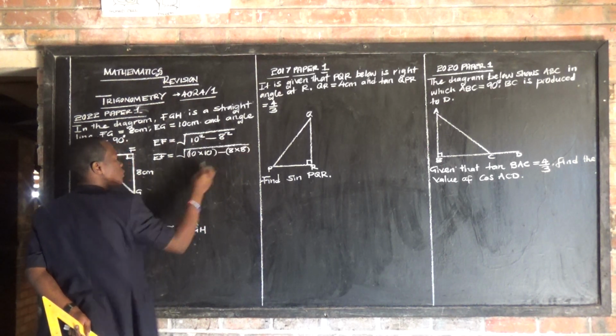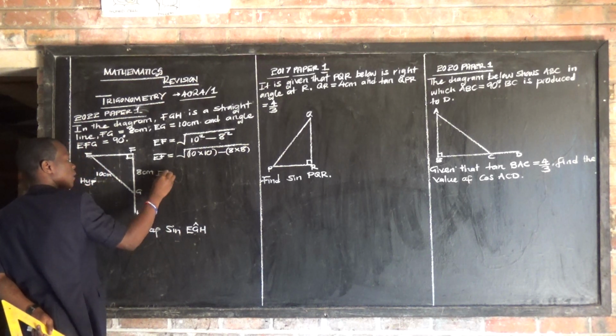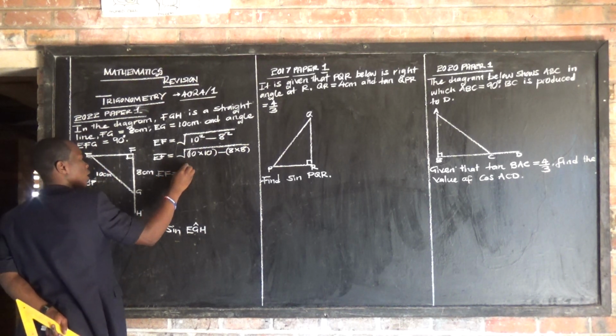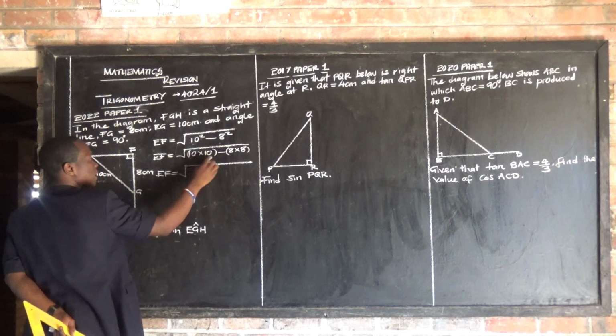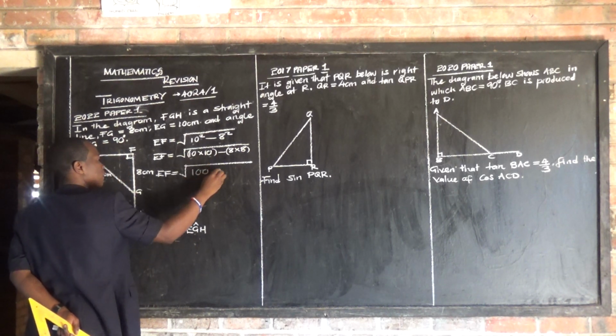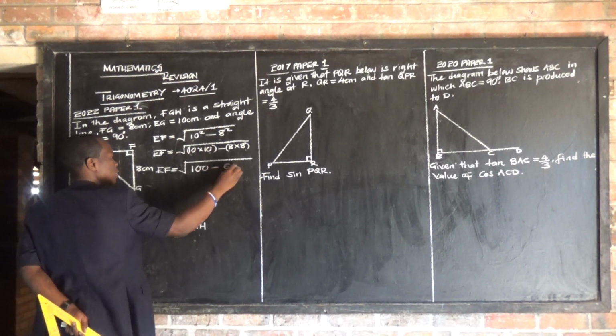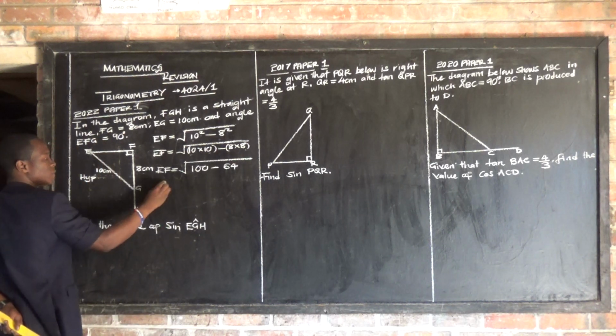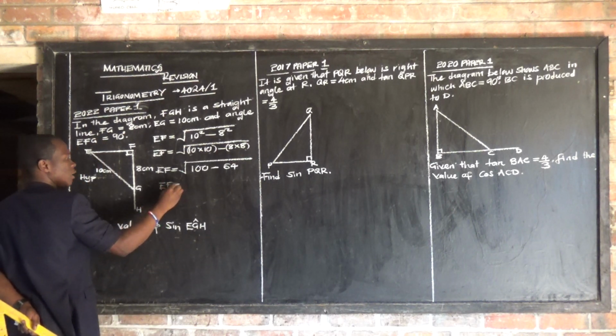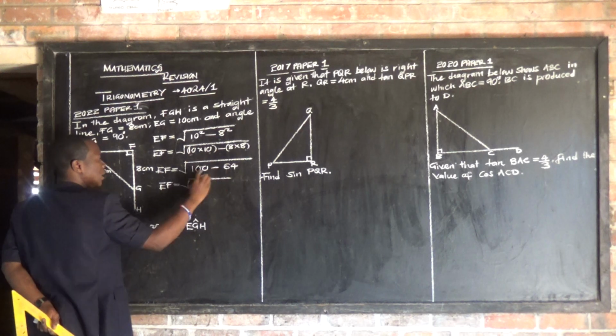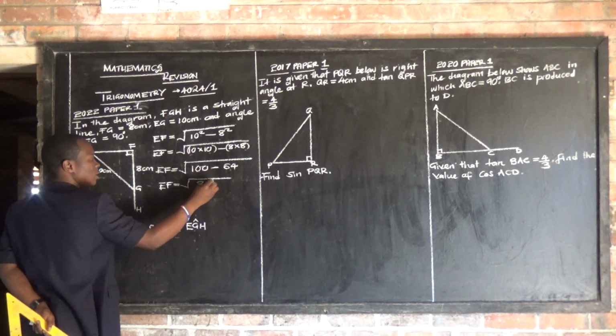So EF is equal to the square root of 10 times 10, you get 100, minus 8 times 8, you get 64. Then EF is equal to the square root of 100 minus 64, you get 36.